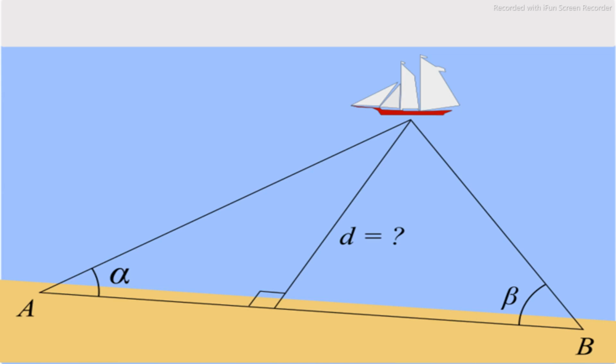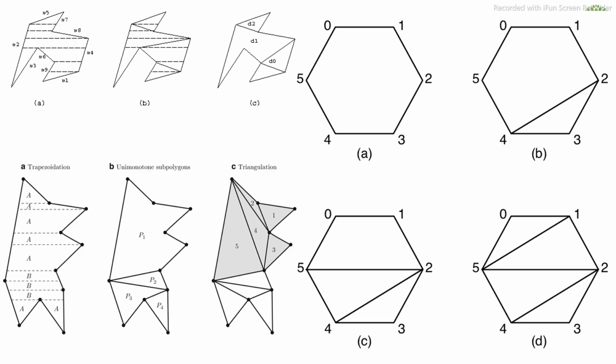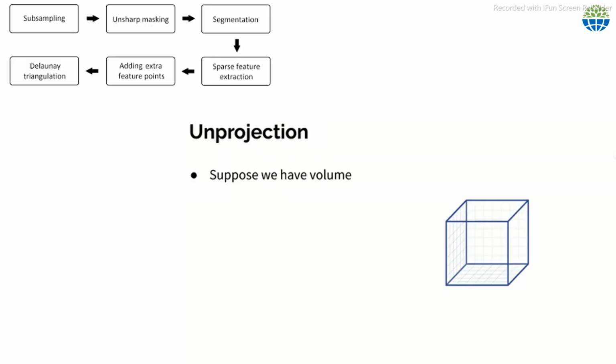Then we can immediately calculate the distance for point D. Many types of examples are there. You can see the triangulation method, or trapezium method, or uni-monotone methods. So one can apply many types, not only 2, you can apply more than 2, 3, 4, 5, 6.